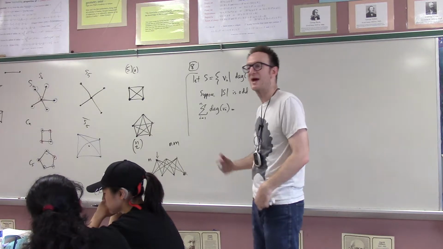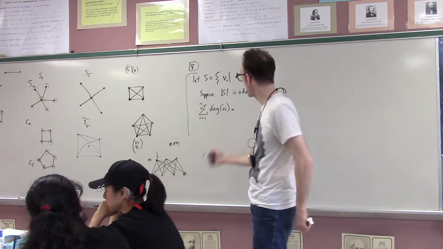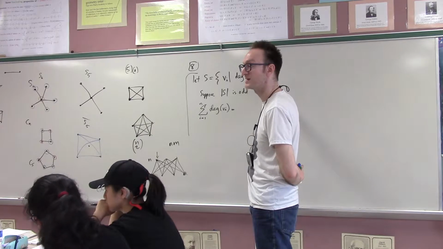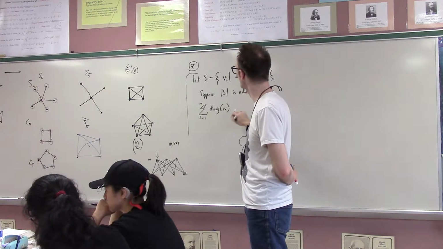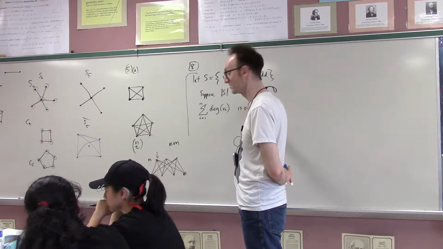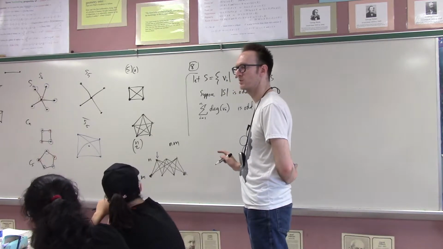But of course when you add up any number of even numbers, it's even. And when you add up an odd number of odd numbers, it's odd. So the sum of the degrees of all the vertices would have to be odd. You want me to say that again more slowly, or are we cool?